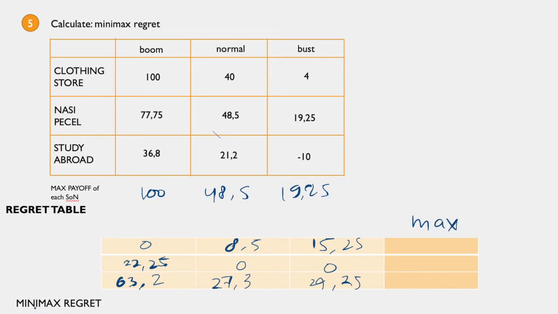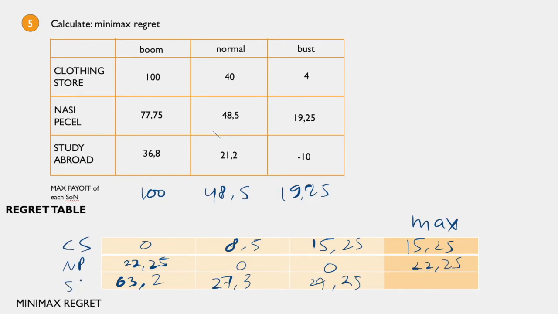From this regret table we have to look for the maximum regret and choose the smallest one, the minimum. So for option clothing store, the maximum regret is 15.25. For option nasi pecel, the maximum regret is 22.25.